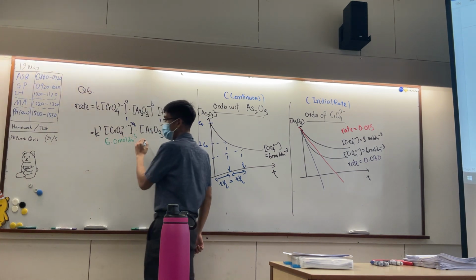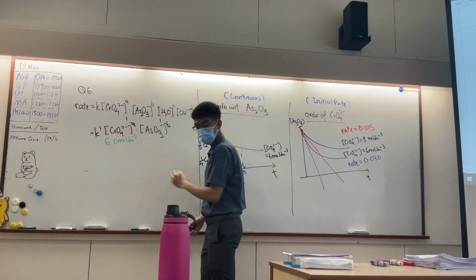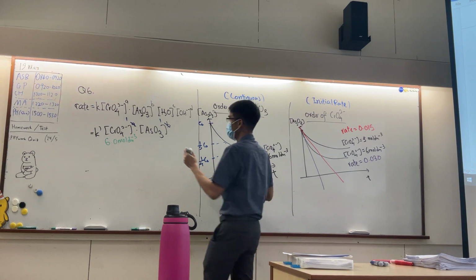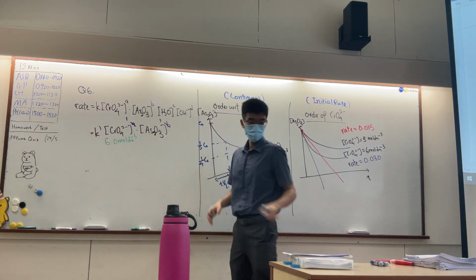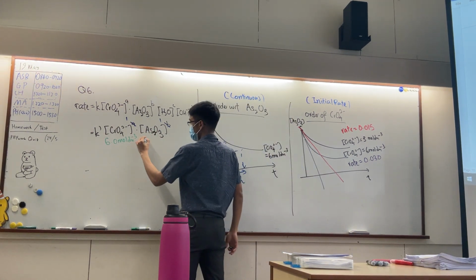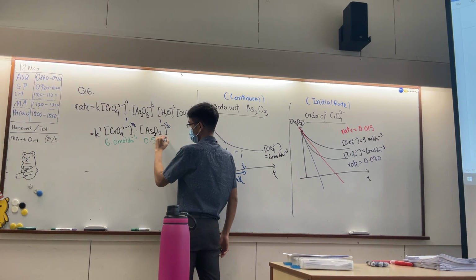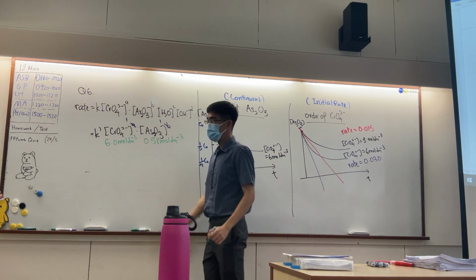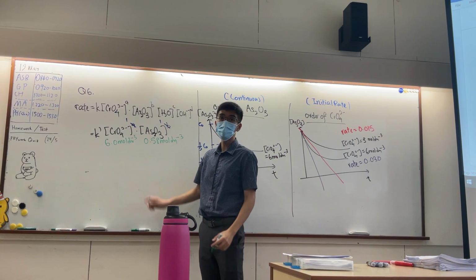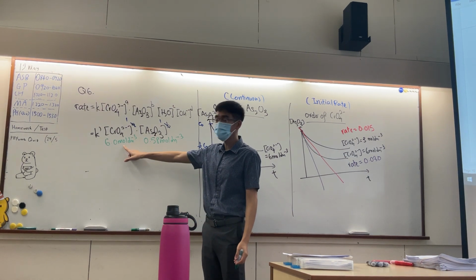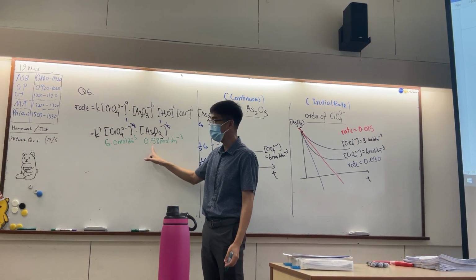Can you tell me what is the initial concentration of As2O3 for experiment number 2? Now, if you compare this concentration to this concentration, can you tell me something about it?